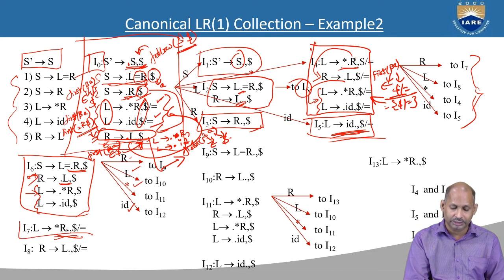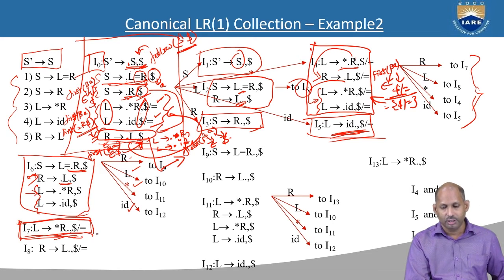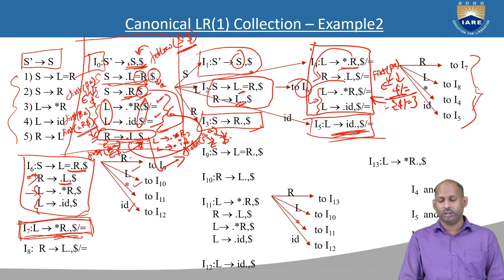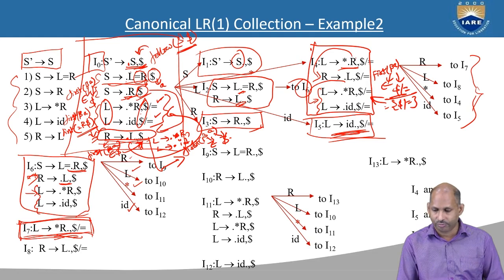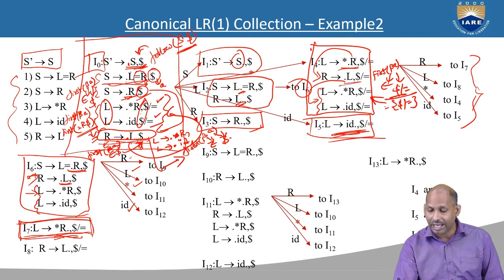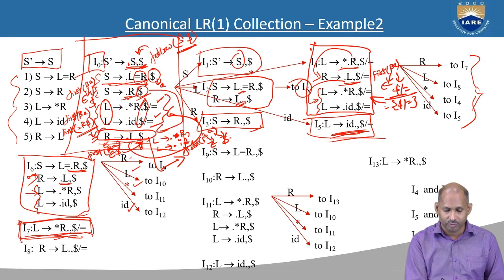So the group is completed. Then what is I8? Dot L becomes L dot.